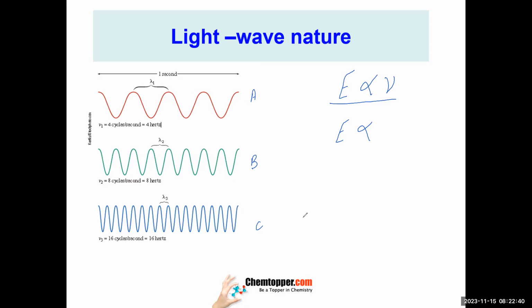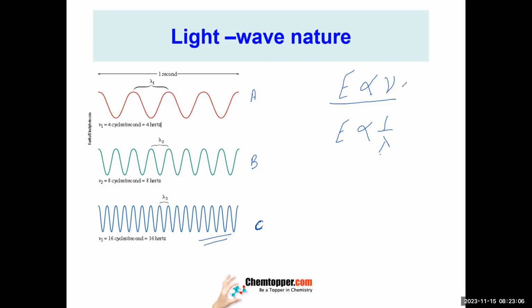You said C has the highest energy, right? Because it has the highest frequency, but it has the shortest wavelength. So energy is inversely proportional to the wavelength, right? Yes. So we are clear about it?